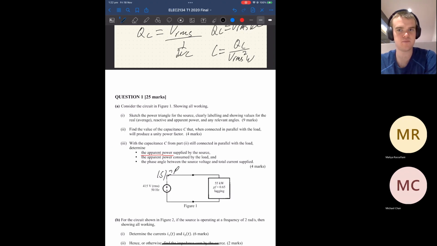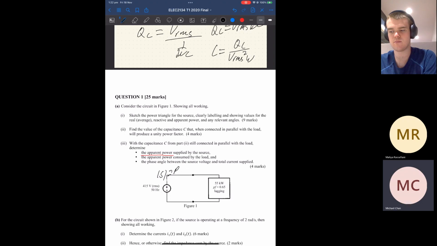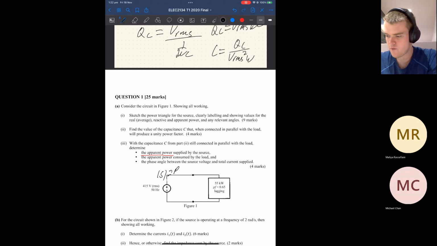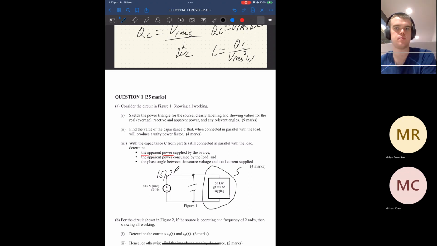Now, what is the apparent power consumed by the load? Is it the same value? See now, if we have the capacitor here, this is the load. As such, the S value here will not equal that S value.